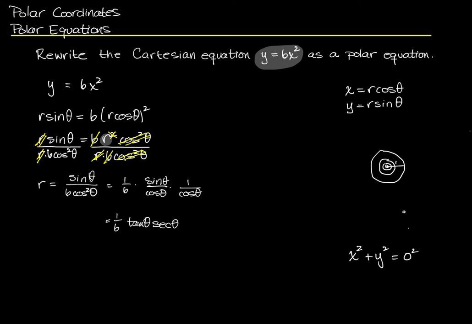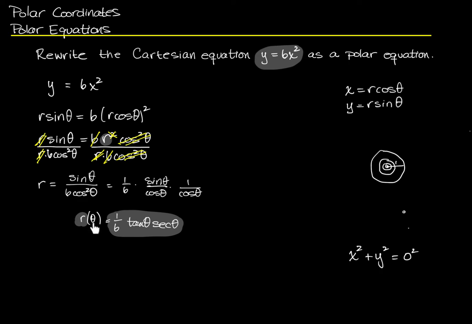The substitution's usually pretty easy. Wherever there's a y, put an r sine theta. Wherever there's an x, put an r cosine theta. Do some algebra. The trick is remembering that the goal is to get an equation that's written as r in terms of theta. So I have an r on the left-hand side, and all the thetas are on the right-hand side.